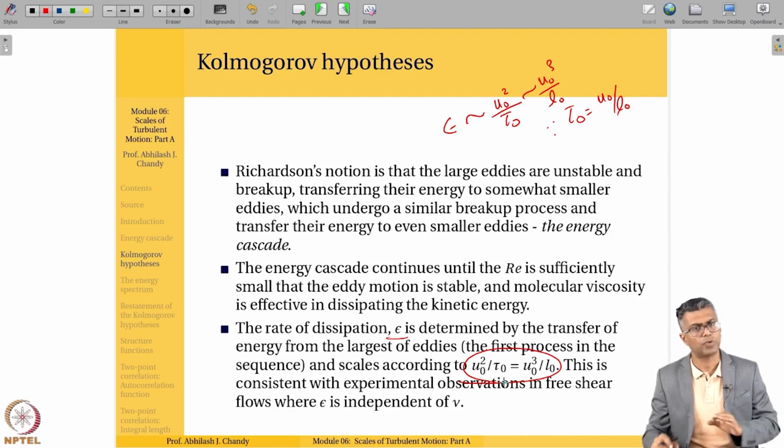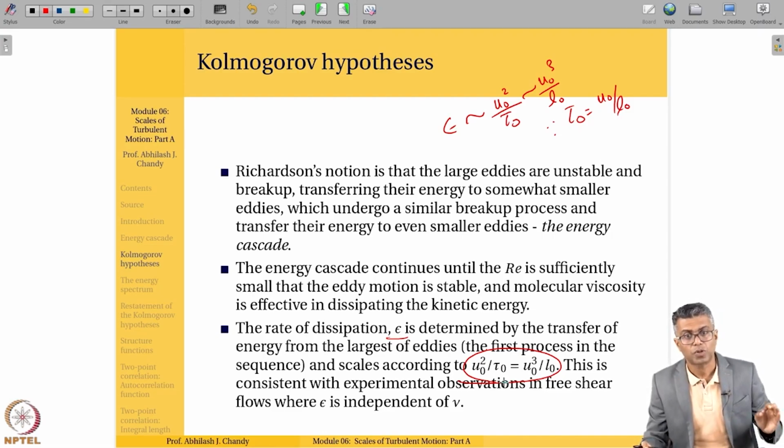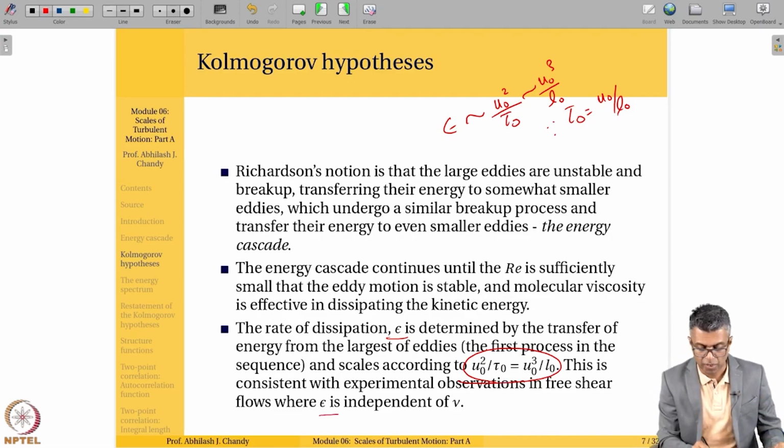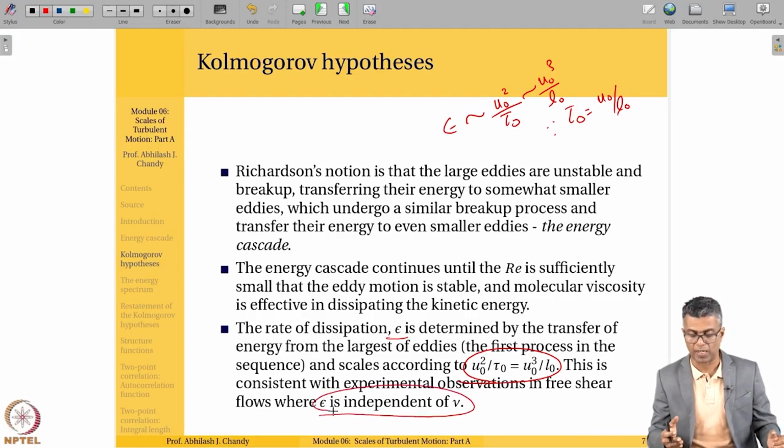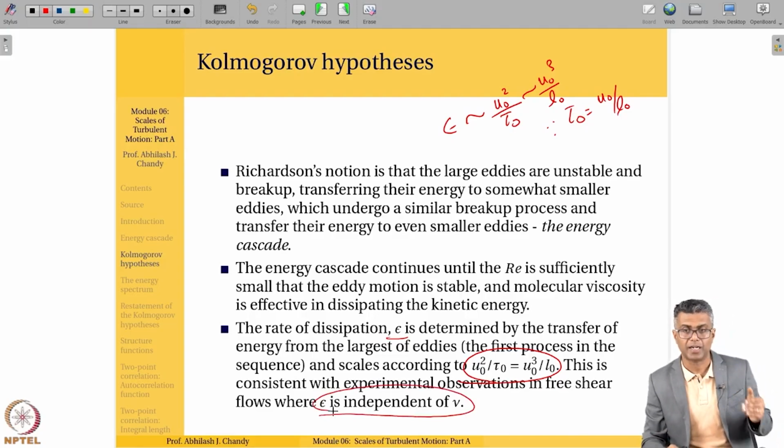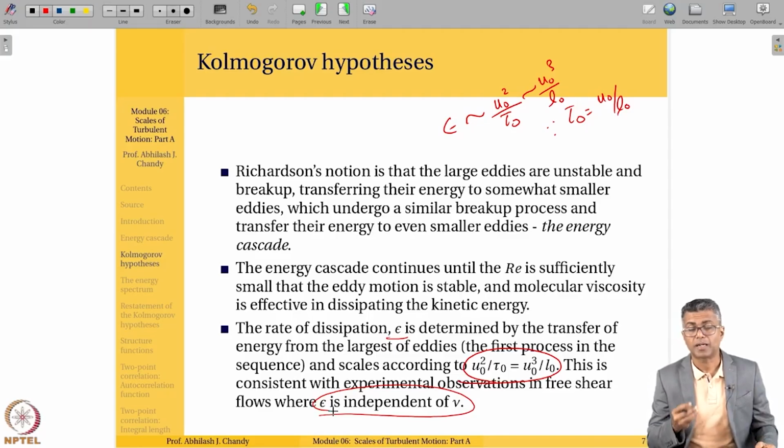This is consistent with experimental observations, indicating that epsilon is independent of mu. So as you can see, when I say that the kinetic energy dissipation rate is of the order of magnitude of u0 cubed over L0, it clearly shows us that it is independent of viscosity.